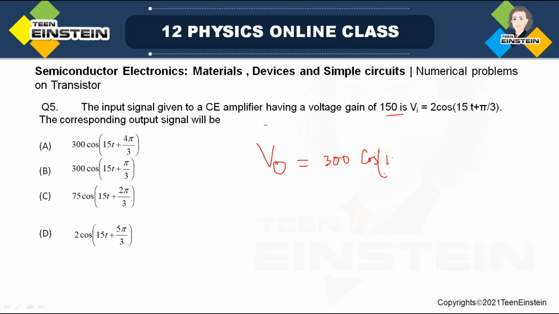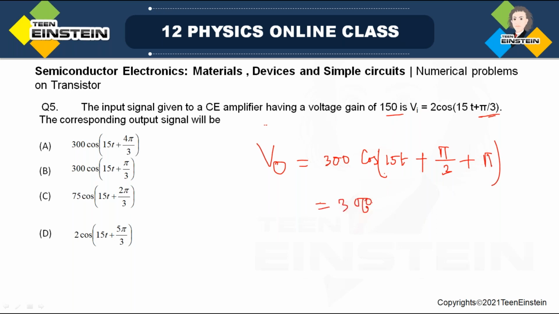Frequency is not going to change. This let it be the same. What is this? This is a phase factor, and phase will be 180 degrees ahead. Okay, then if we simplify it, what is the answer we should get?